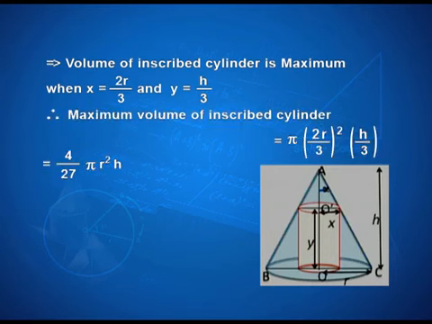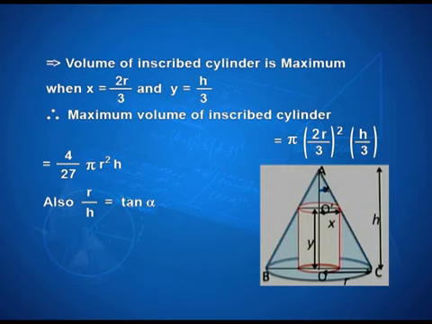In this case, we want the maximum volume. So, what is the maximum volume? Putting x as 2r by 3 and y as h by 3, we get 4 by 27 pi r square h. But that was not the question. We wanted to get an expression in terms of alpha. So, let us relate h and r in terms of alpha. Plain trigonometry tells us nothing but r by h is tan alpha.